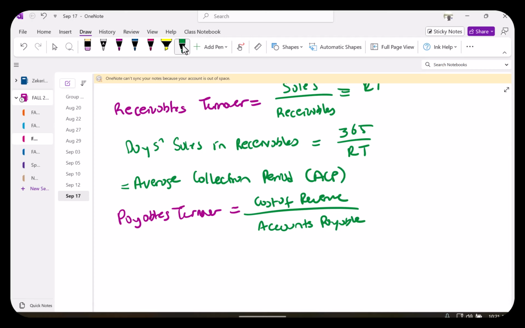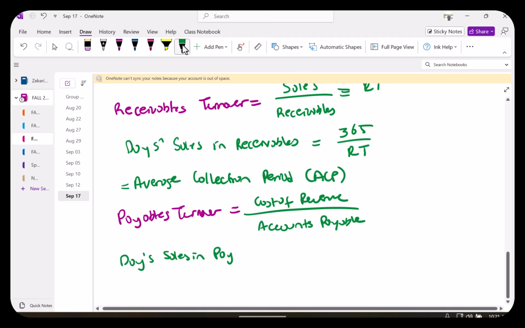I made purchases, but I'm going to pay them in the future. Similarly, we have days' sales in payables, which is 365 over PT.